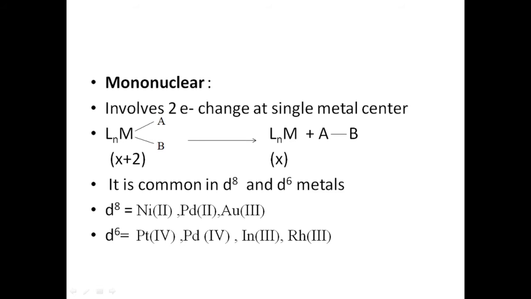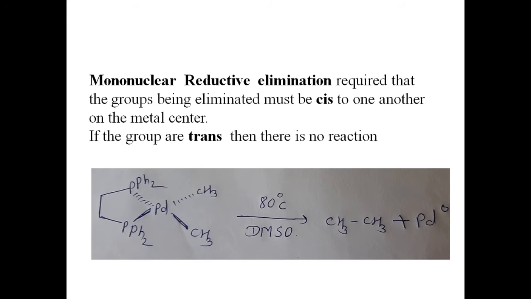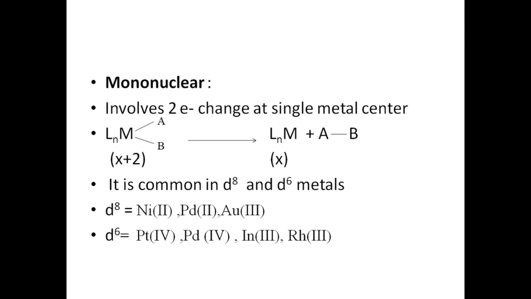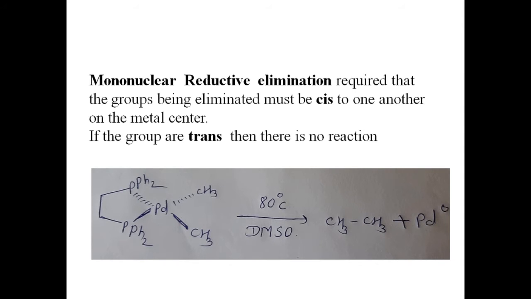For reductive elimination, the groups being eliminated must be cis to each other on the metal center. Means the groups which we are going to eliminate are cis to each other.